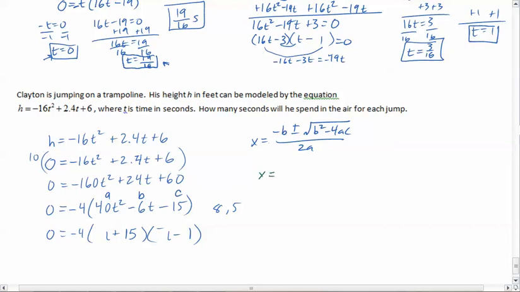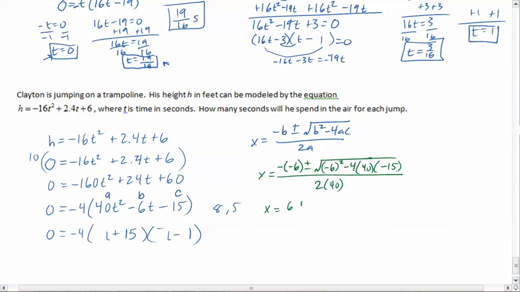So negative b, so b is negative 6, so negative 6 plus or minus the square root of b squared. B is negative 6, so negative 6 squared minus 4 times a, which was 40, times c, which was negative 15, all over 2 times a. And so now we simplify.